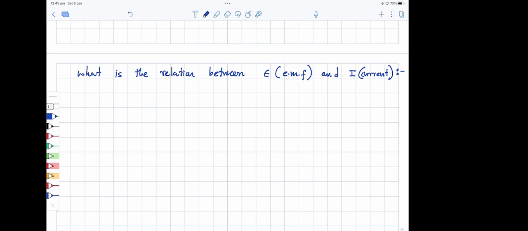What is the relation between E and I? This we have to understand. Now we have to understand one thing here. Consciousness is very important. E means energy source. This is energy. What is this one over here?